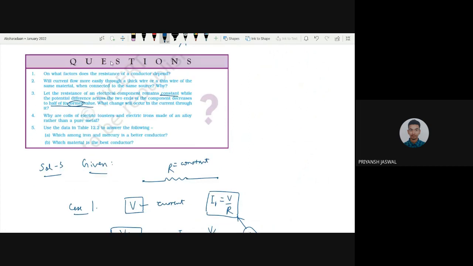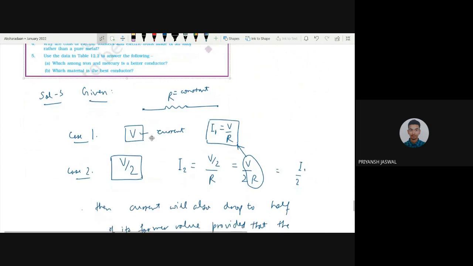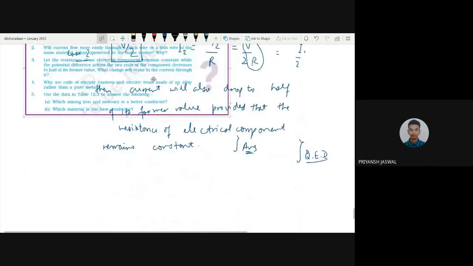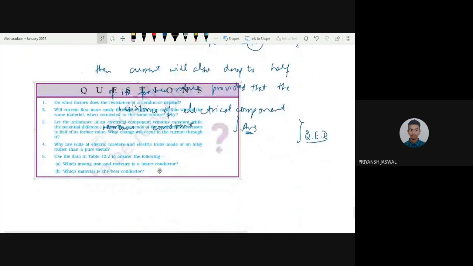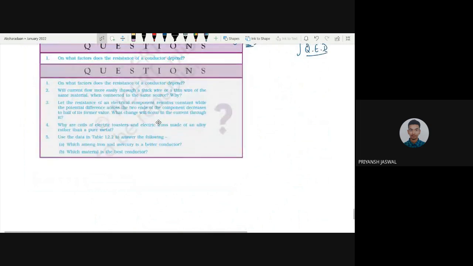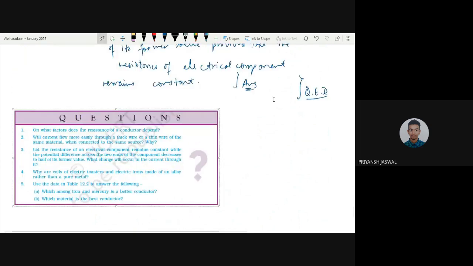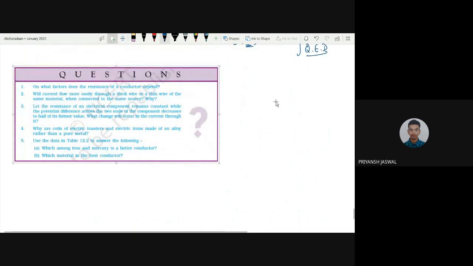Now the fourth question. Fourth question is, why are coils of electric toasters and electric irons made of an alloy rather than a pure metal?